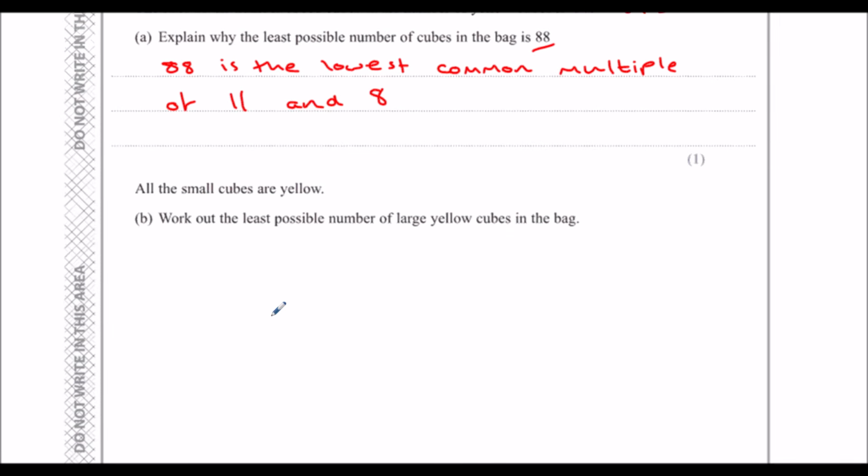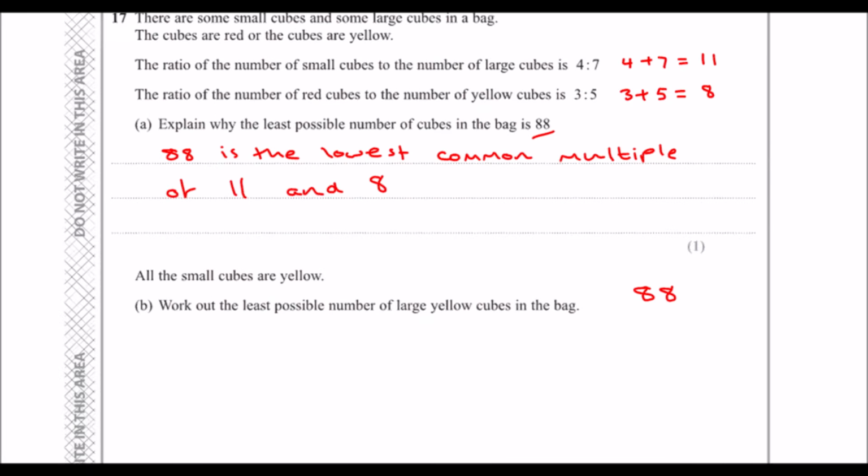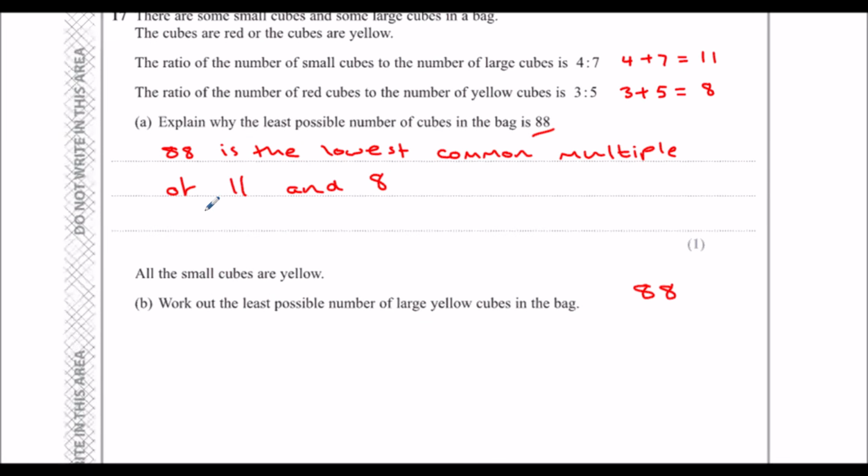Part B says all the small cubes are yellow. Work out the least possible number of large yellow cubes. So we know the least number of cubes is 88. We know that from part A. So if there are 88 cubes in the bag, how many are small and how many are large? So there are 11 parts. So 88 over 11 is 8.